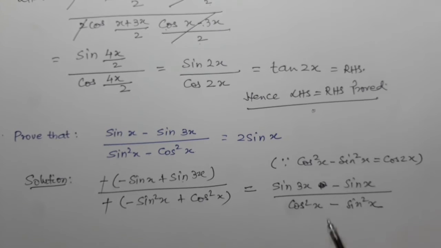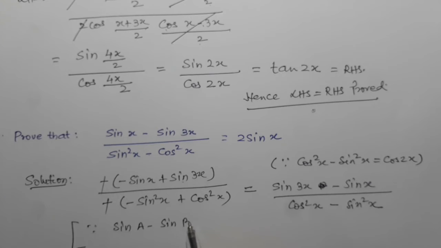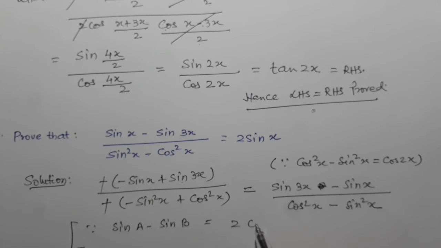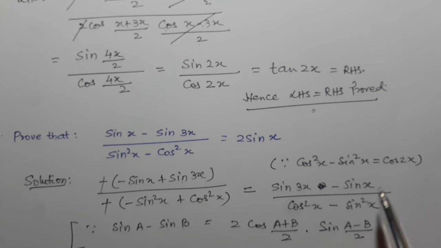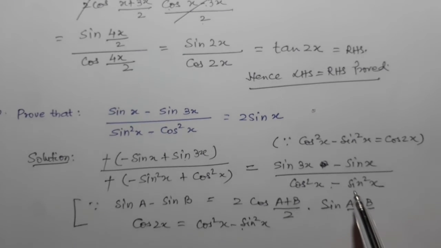So after expanding it, we know that sin A minus sin B equal to 2 cos (A plus B) divided by 2 into sin (A minus B) by 2. This identity we shall apply in numerator, and this identity cos 2x equals cos square x minus sin square x we shall apply in denominator part.